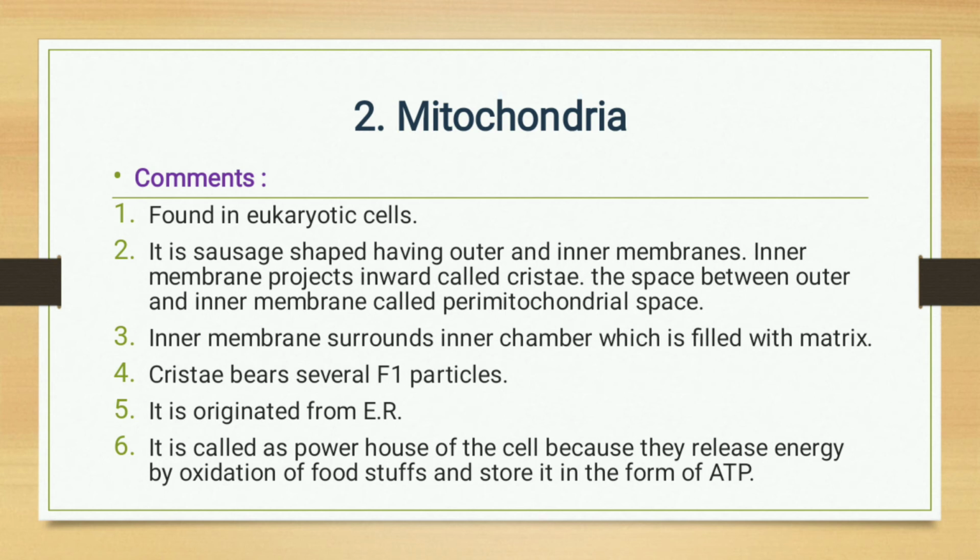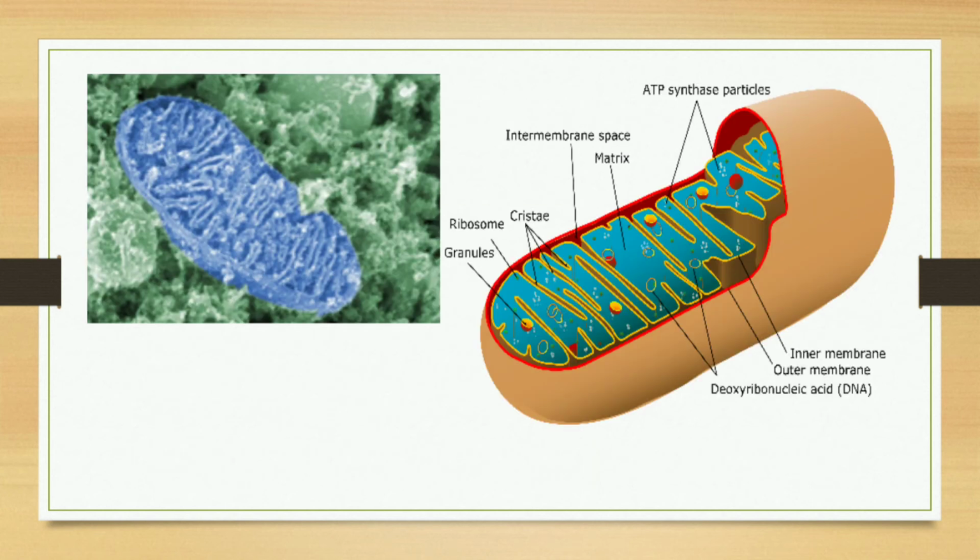Mitochondria is also called the powerhouse of the cell because it releases energy by oxidation of foodstuffs and stores it in the form of ATP. Here we see the picture of mitochondria. On our left side we see the mitochondria under a microscope.